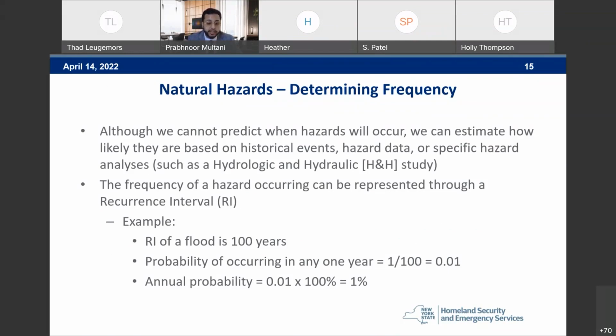The probability of it occurring in any 1 year would be 1 out of 100, also 1/100th or 0.01 as a decimal. And for the annual probability, you would just take that decimal and multiply it by 100%. Therefore, the annual probability of a 100-year flood is 1%. Next slide, please.